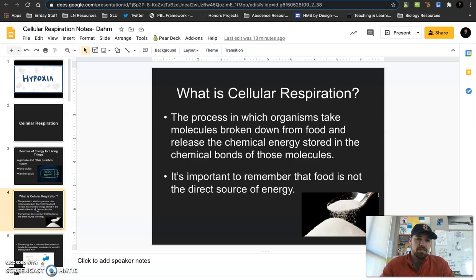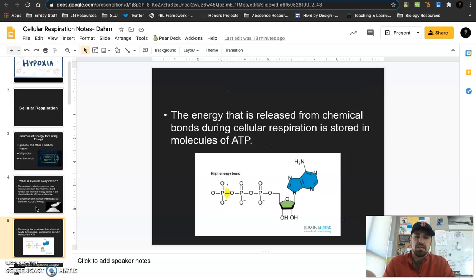So cellular respiration, in a nutshell, I've mentioned it 100 times already, I think, is all about taking the sugar molecule, taking the air you breathe, and creating this thing called ATP, this energy molecule. Okay, and I want you to just look at this picture here real quick. This is an ATP molecule.